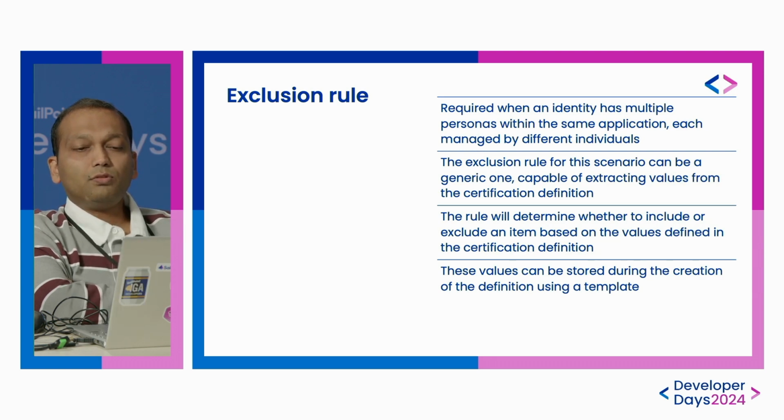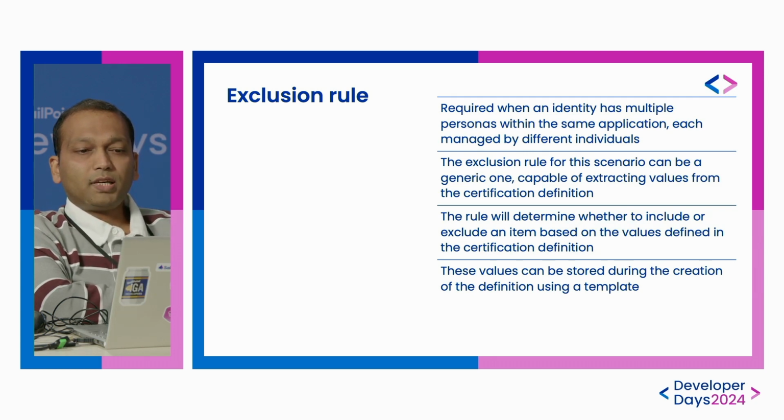The exclusion rule can exclude items based on certification items inside the certification. It can read the attributes from the certification definition template also. So in our use case, for example, a person has 3 personas from different authoritative sources. 2 of the personas are from location 1, and let's say the third persona is from location 2.